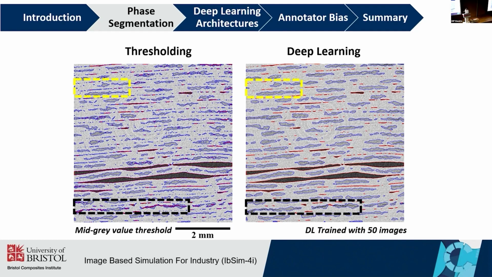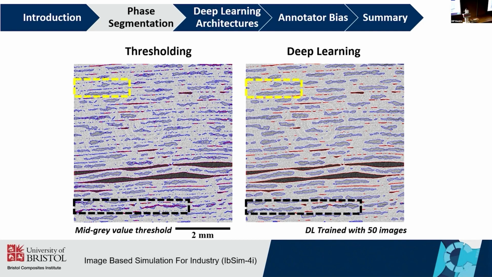One of them is the identification of dry areas containing a high portion of air. Thresholding is not really able to do that because the gray values are really similar, if not the same, as those of the voids, so it will consistently identify them as being voids. That is a disadvantage of thresholding in this specific application.